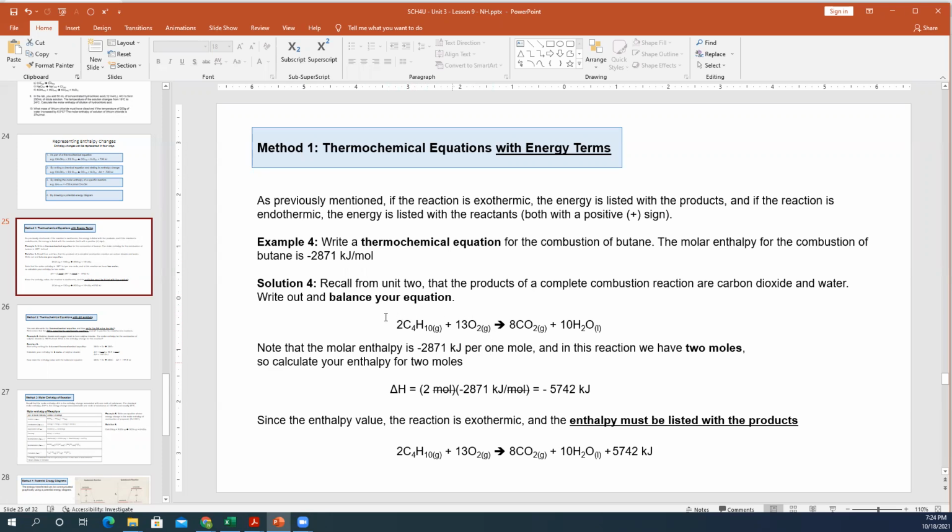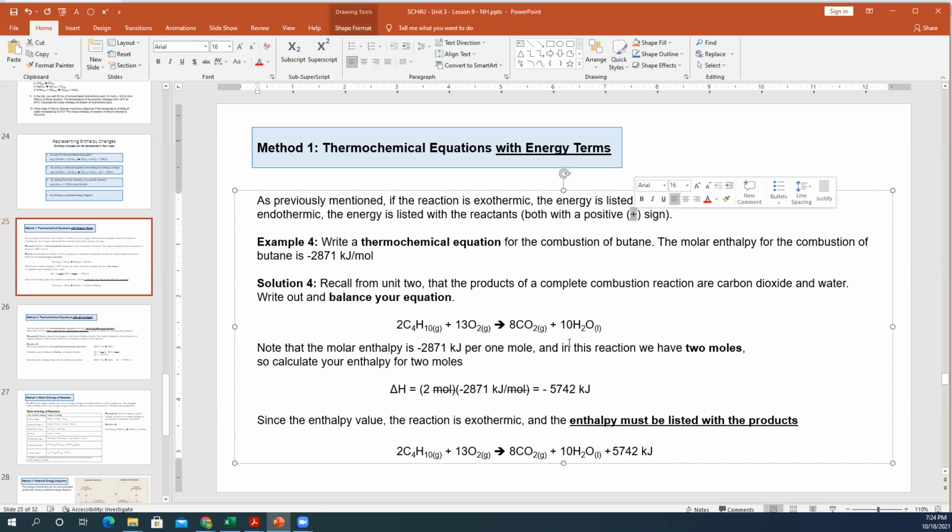This is the reactant side. In both cases, the sign for it would be positive. You don't ever say minus or minus on when you're writing it as a part of the thermochemical equation.